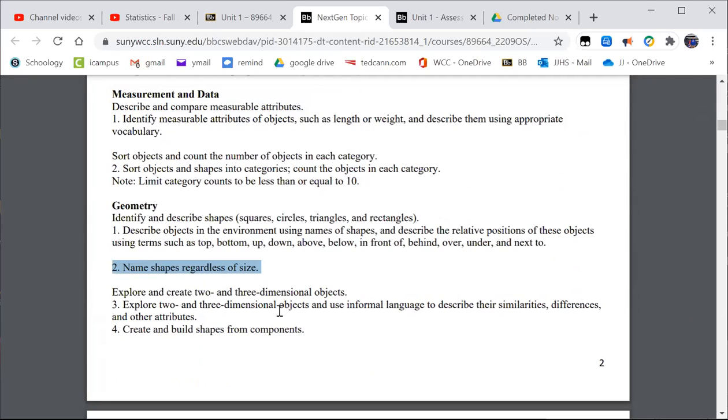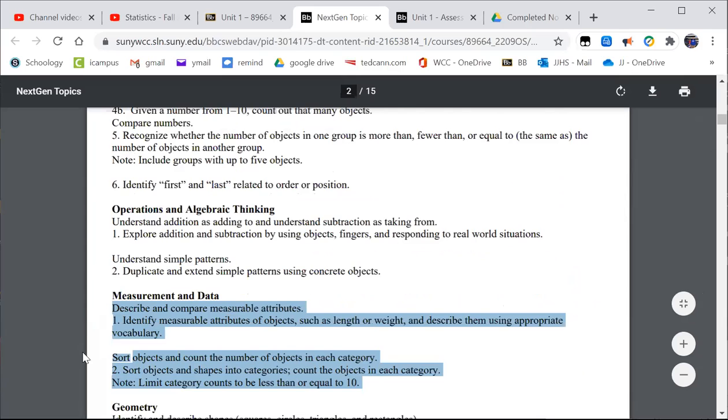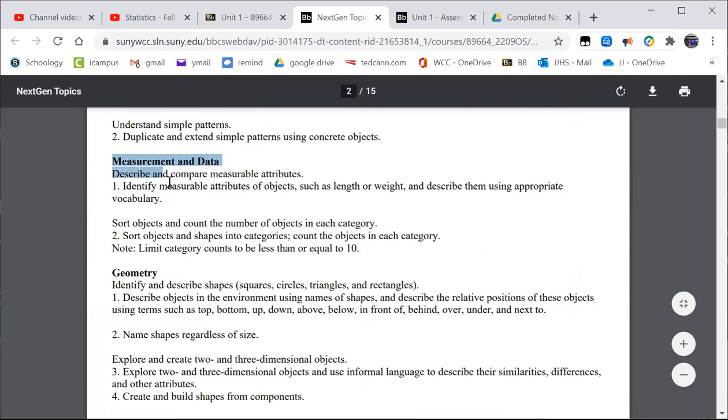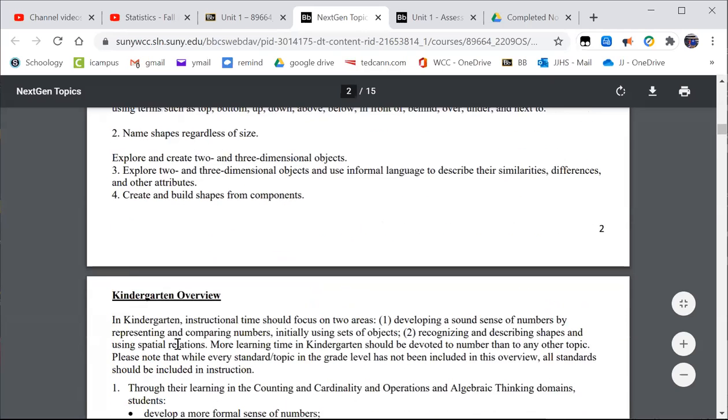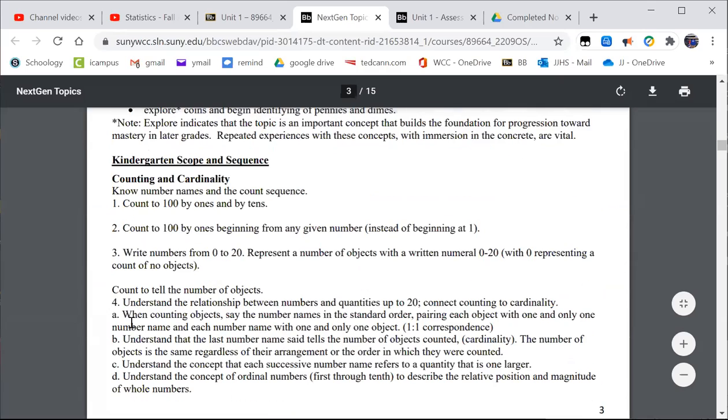So it doesn't have to be an entire category. You see how this is all measurement and data? That's a unit, right? This is a whole unit. Each one of these, like 1, 2, 1, 2, 3, 4, each one of those is a topic. This activity that you're developing is related specifically to a topic.